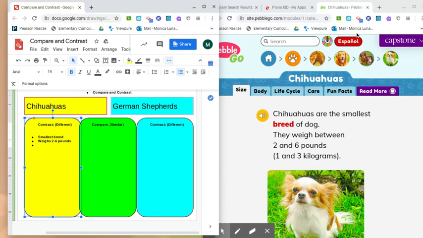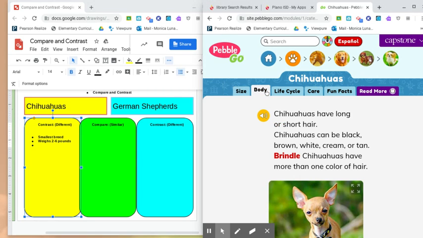All right, let's look at the body. Chihuahuas have long or short hair. Chihuahuas can be black, brown, white, cream, or tan. Brindle Chihuahuas have more than one color of hair. Okay, so I am going to type that Chihuahuas come in black, brown, white, cream, or tan.